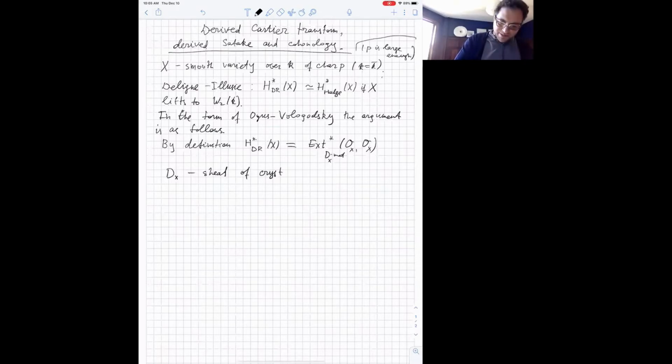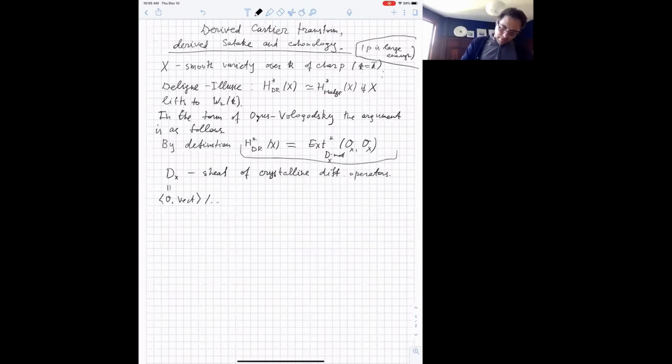It is not my ambition to make these things very precise here. Yes, sheaf of crystalline differential operators, thank you for this correction. It's just generated by functions and vector fields subject to the usual relations. So this is the way to rewrite the left-hand side.